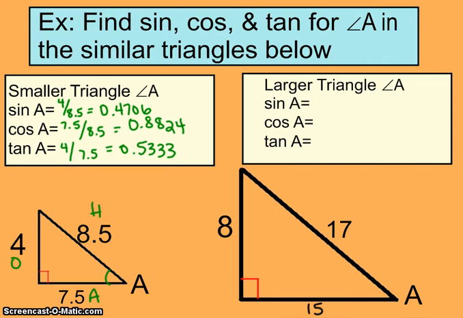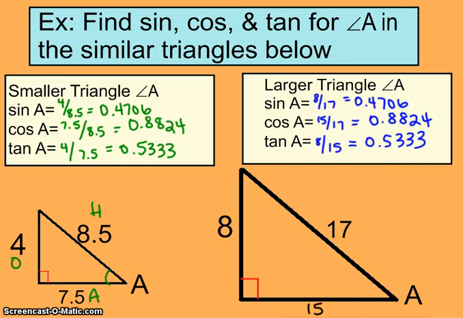Alright, what I want you to do is pause and try to find the sine, cosine, and tangent of the larger triangle right now. Alright, so this is what you should have gotten. For A, the side opposite is 8, hypotenuse is 17, and adjacent is 15. With these fractions changed to decimals, I've noticed that the ratios are exactly the same.